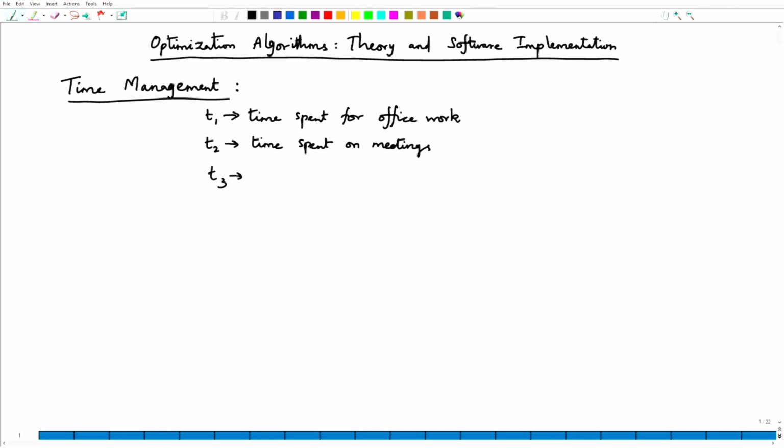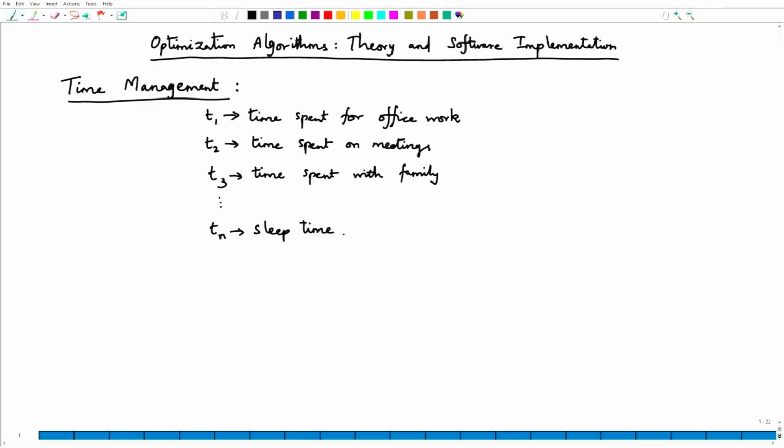T3 is, say, time spent with the family. So on, and let us say Tn is sleep time. And let us consider that he gets a utility of u1 of T1 based on the time spent on office work, and u2 of T2 for the time spent on meetings, and so on, and un of Tn for his sleep time.